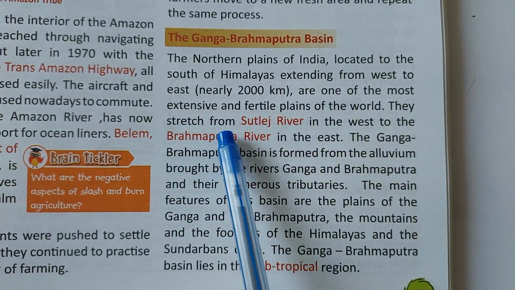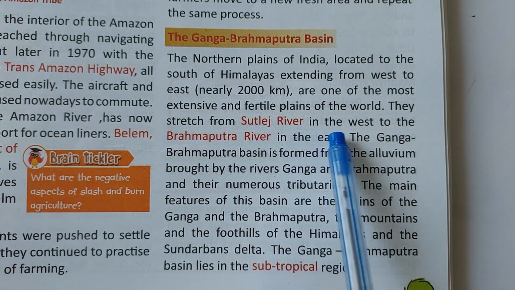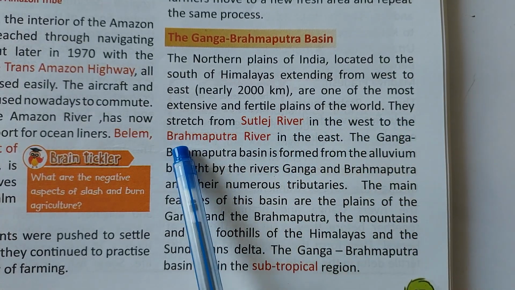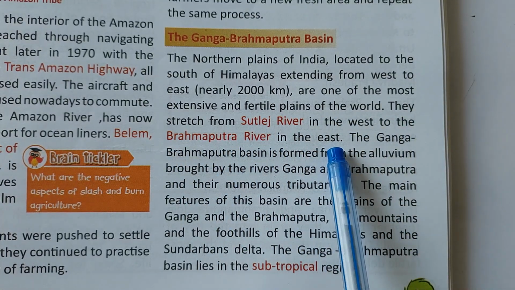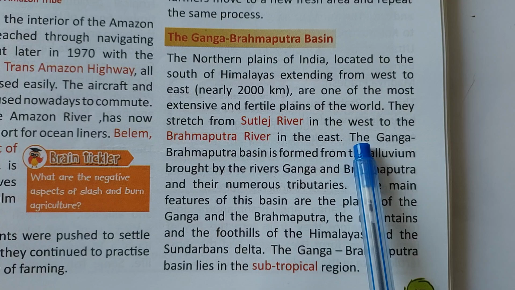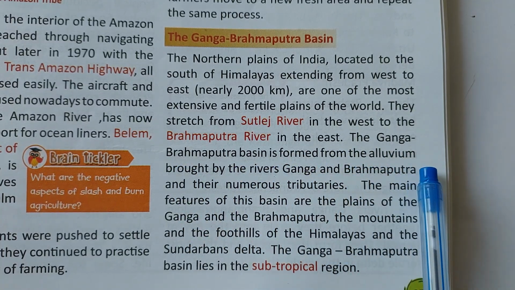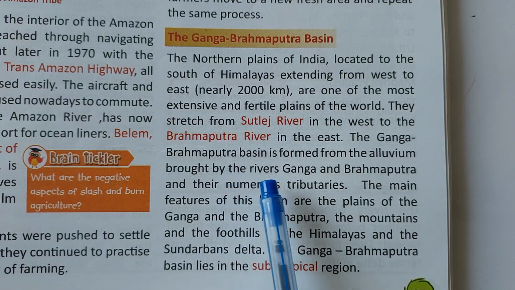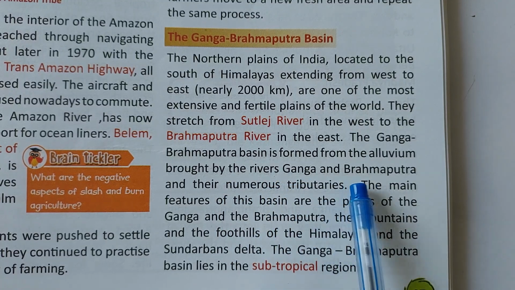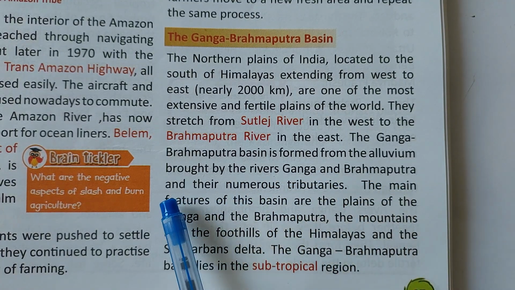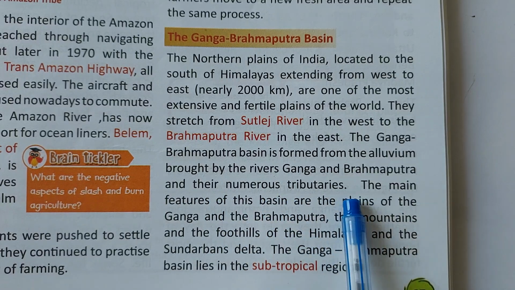They stretch from Sutlej River in the west to the Brahmaputra River in the east. The Ganga-Brahmaputra basin is formed from the alluvium brought by the rivers Ganga and Brahmaputra and their numerous tributaries.